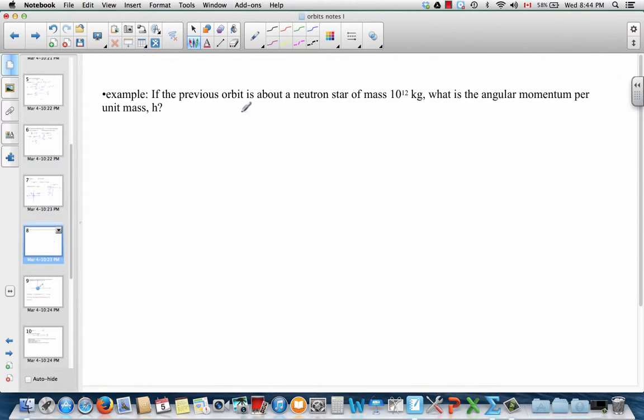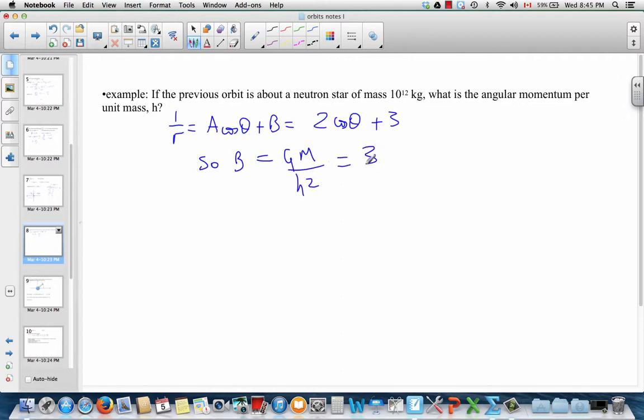Now, let's say that that previous example, 1 over r was a cos theta plus b. That's our general form, and we were given that it was 2 cos theta plus 3 in our previous example. Let's say that instead of orbiting the sun, we were actually orbiting a neutron star, and let's get the h constant. Well, remember that our b constant here depends on that angular momentum constant, and it's 3.